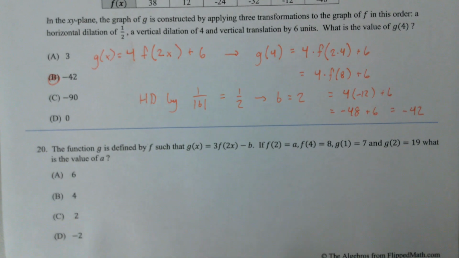And for the last one, we have the function g is defined by f such that g of x is equal to 3 f of 2x minus b. Okay. So if f of 2 is equal to a, f of 4 is equal to 8, g of 1 is equal to 7, and g of 2 is equal to 19, what is the value of a? Oh, gross. Okay. I haven't even looked at the answer key, so we're just going to see if this is right.